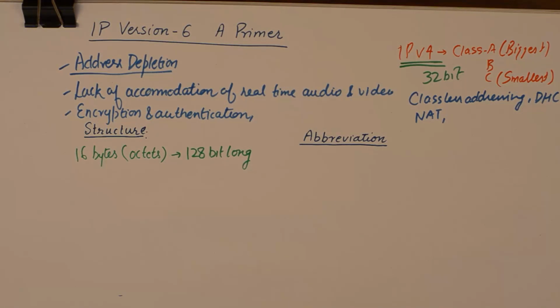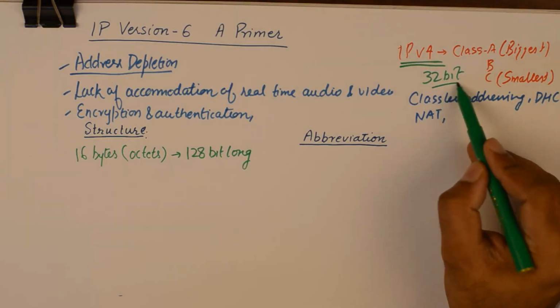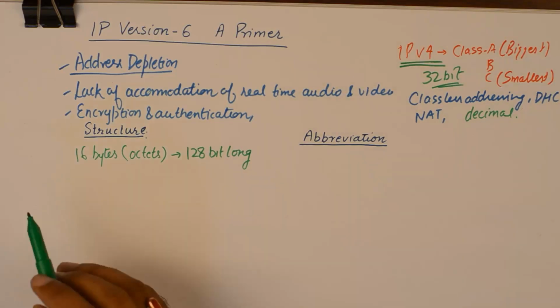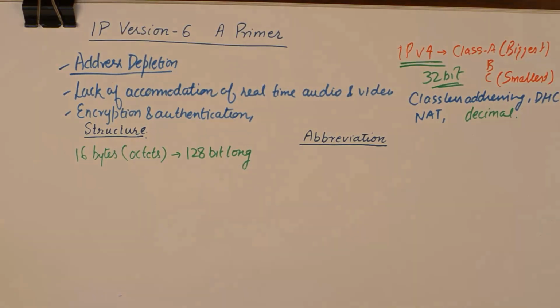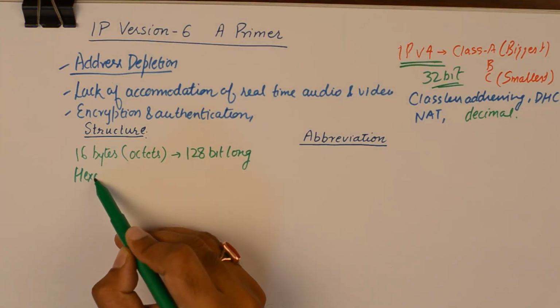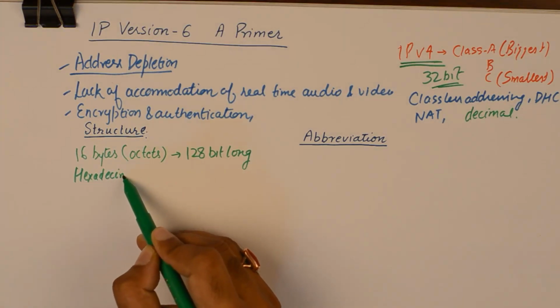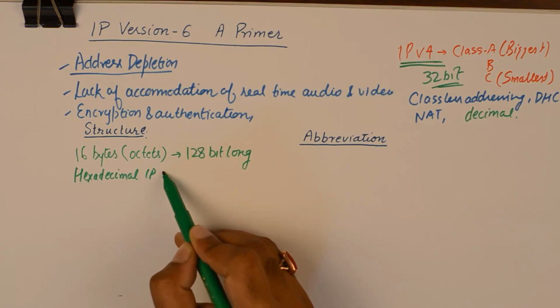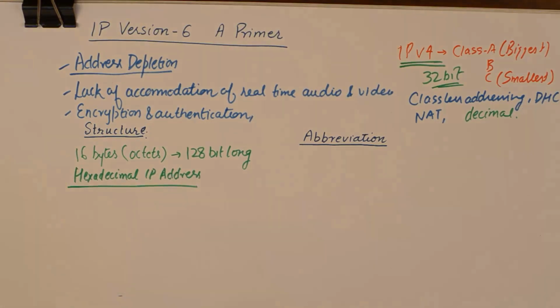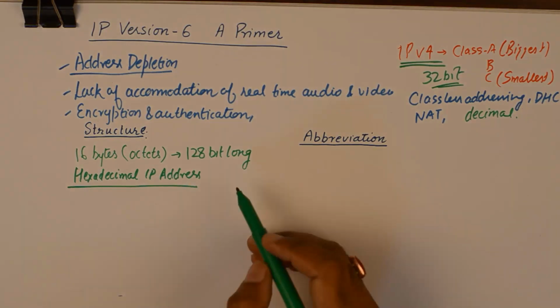So a typical hexadecimal IP address, please understand IP version 4 was expressed in decimal, but IP version 6 is expressed as a hexadecimal IP address. And it looks something like this. I'll write down a sample IP address.